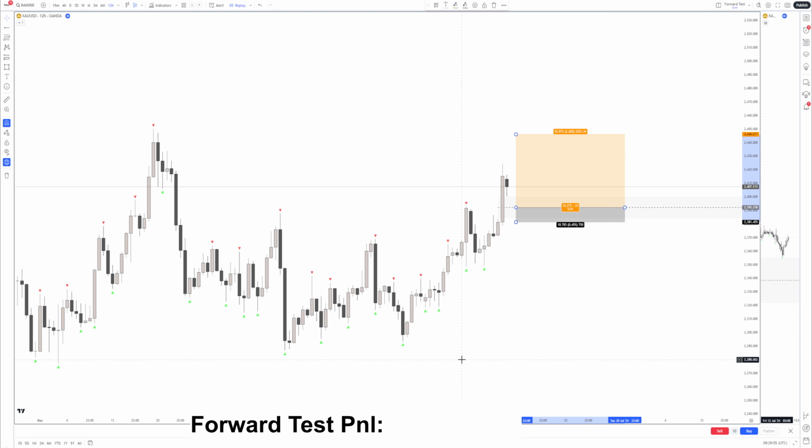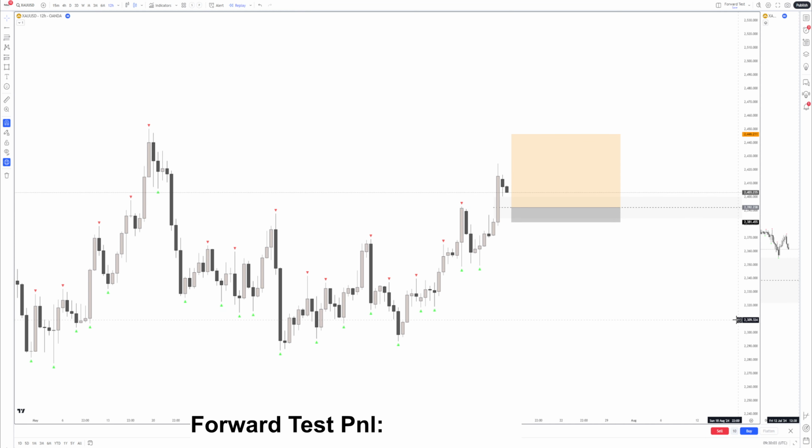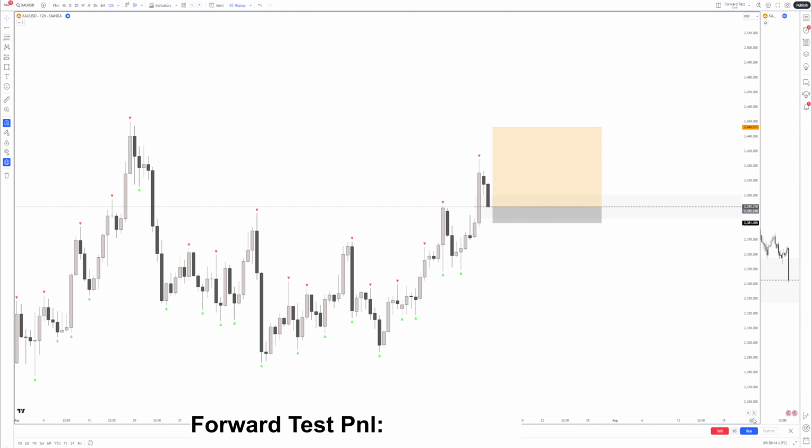You ready? Let's go. So we need price to arrive at this area. So let's see how things are going on. Okay, price has now arrived at this area, and all we're going to do is execute our buy, but we need to make sure that it is a 1% trade.